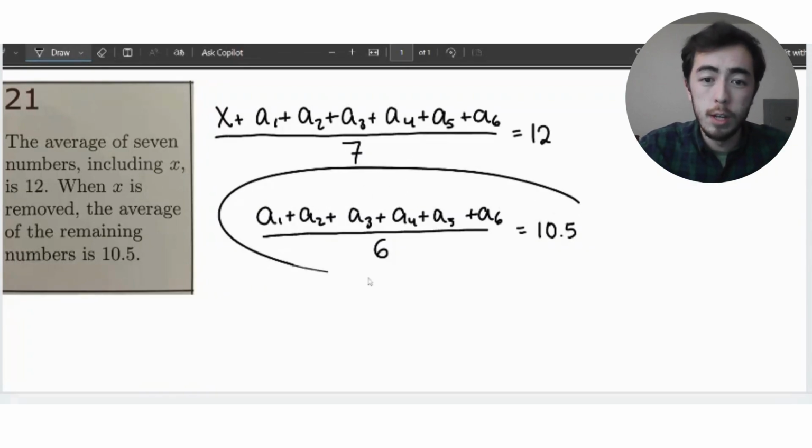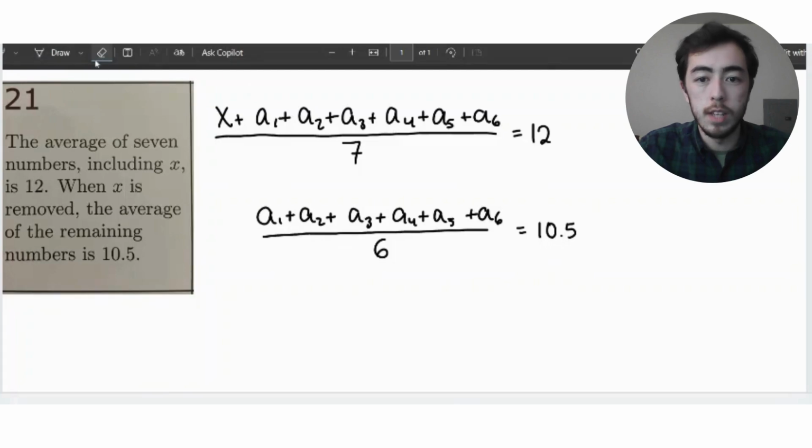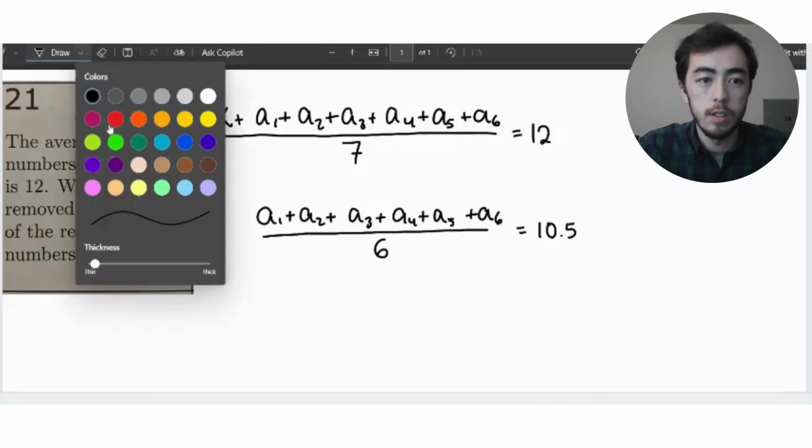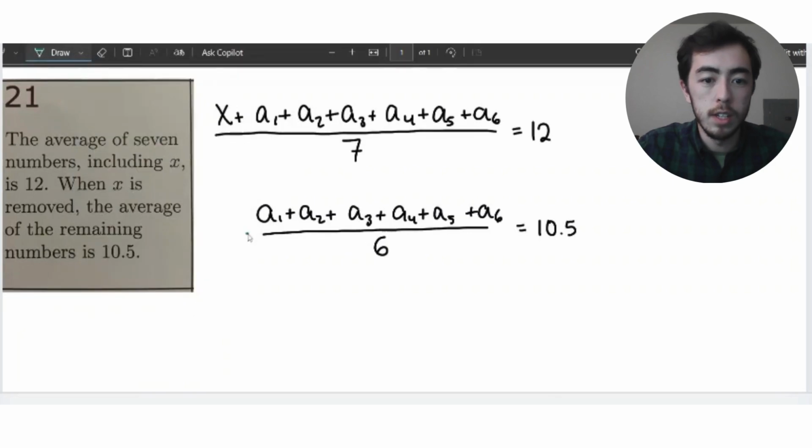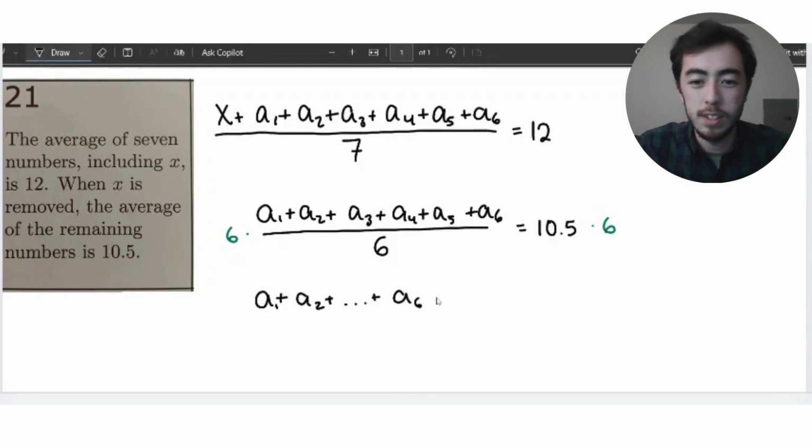And you can find it by doing a little bit of algebra on this step here. So if I just multiply both sides by 6, that shows me that the sum from a1 to a6, and I'll do some dots here to be more concise, is going to be 6 times 10.5.